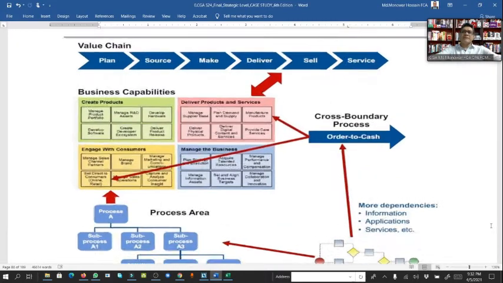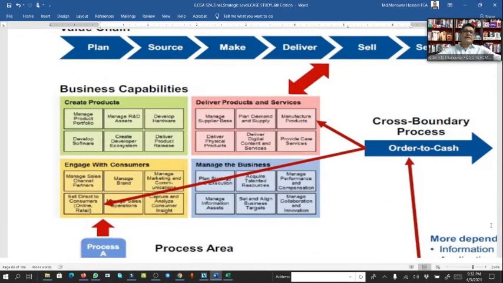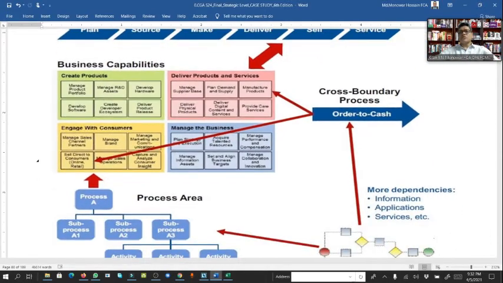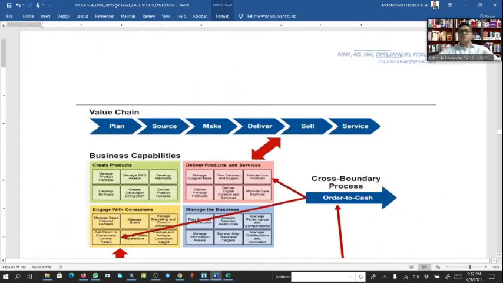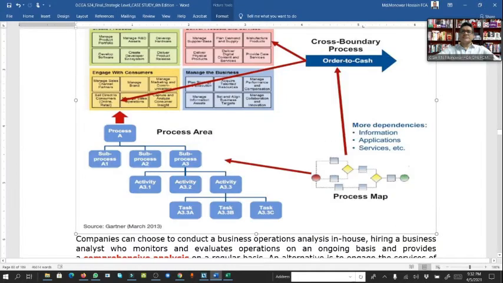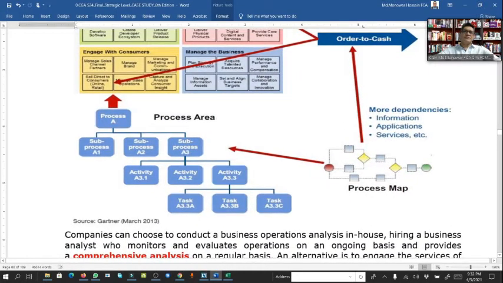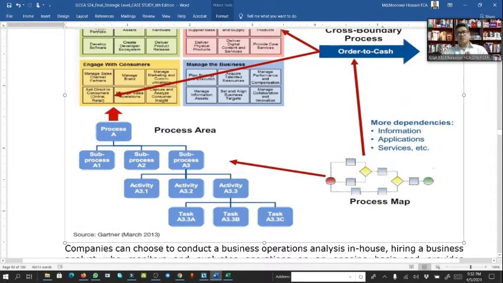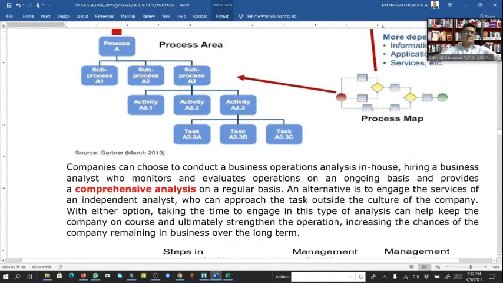So business capability in this way: create product or service, deliver product and service, then engage with customers, retain the customer in the long run, manage the business in different ways, and cross-boundary processes. There are also some process areas engaged with the customer.